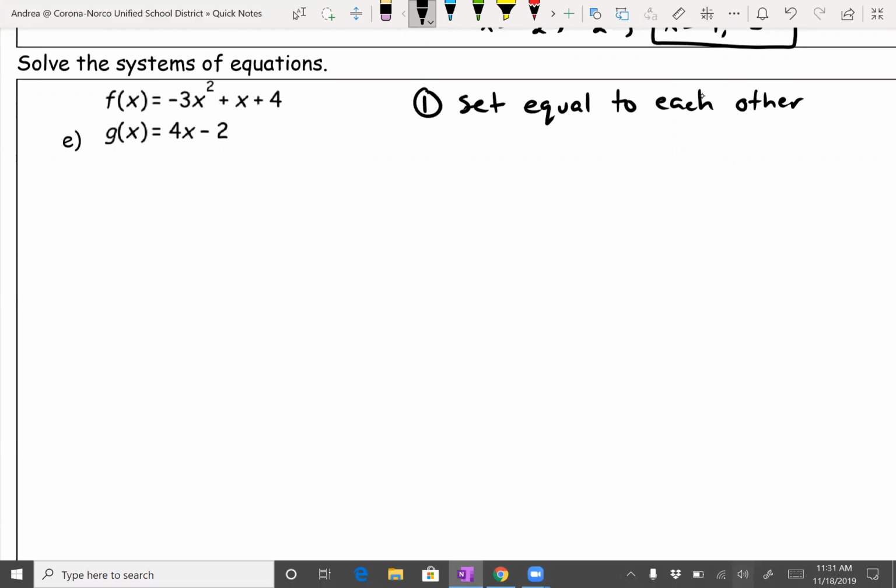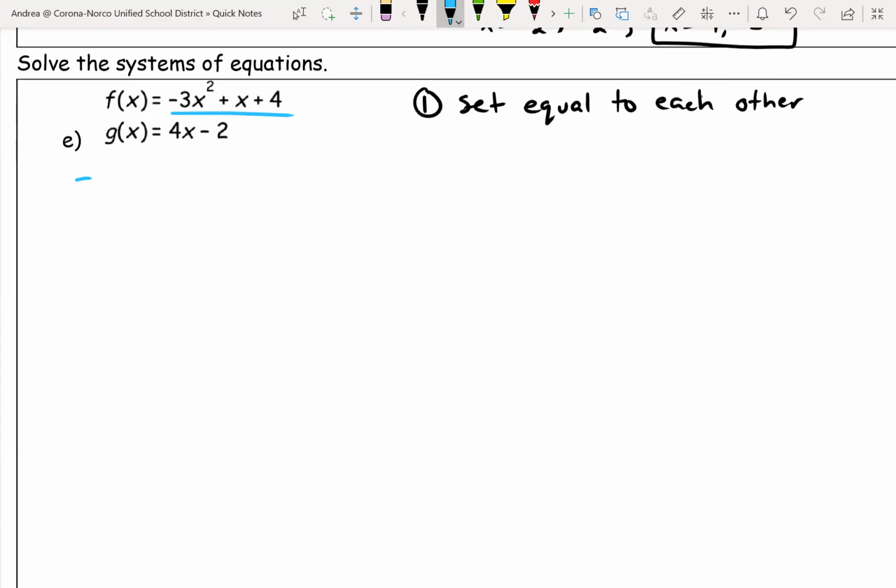So that gives me negative 3x squared plus x plus 4 is equal to 4x minus 2. Now you have this, it's a quadratic function, so it needs to be set equal to 0.